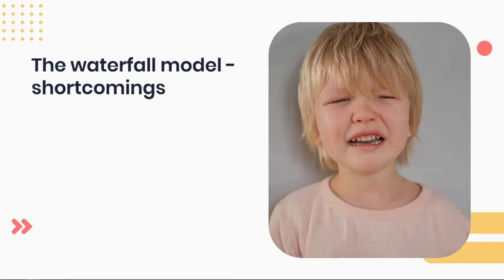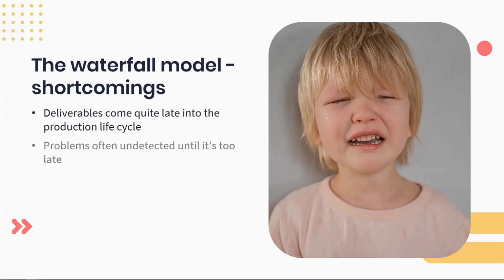This all sounds awesome, but it's not without its disadvantages. There isn't any software to talk about until quite late into the production lifecycle. This is the direct effect of producing a lot of risk and uncertainty, and problems are often undetected until it's too late.